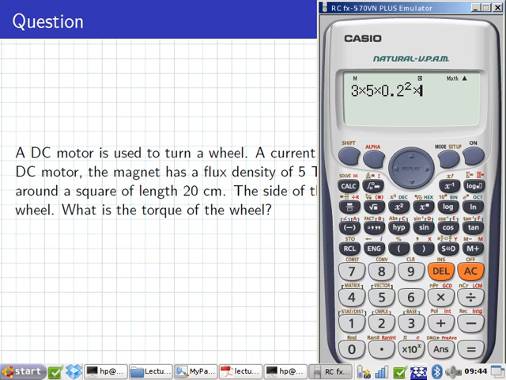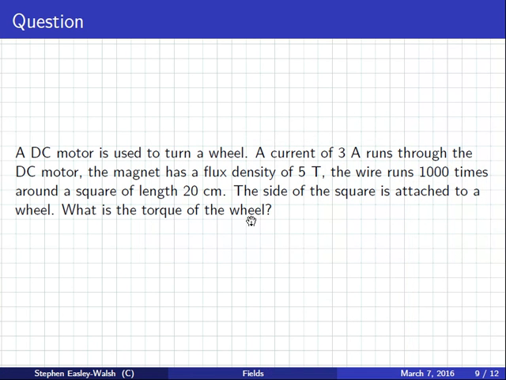And what's the N? 1,000. So the turning force of the wheel is 600 Newton meters. 600 Newton meters is the answer here.